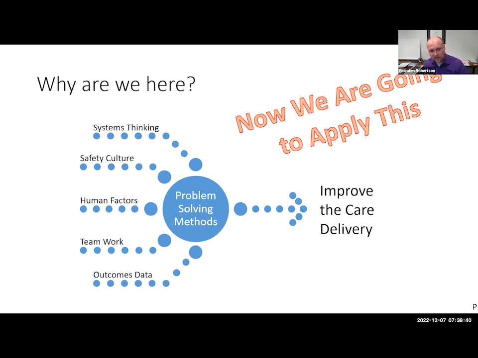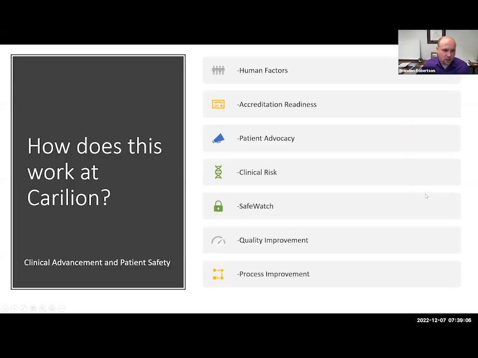And this outcomes data that we talked about sometimes is lagging and sometimes is leading, but we apply those into these problem solving methodologies and frameworks that we're going to talk about next. And then we get into the improvement of the care that we deliver. So all of these things have to occur. We have to apply these principles to it, and then we'll see the outcome of that.